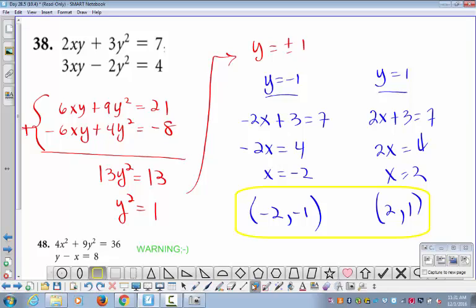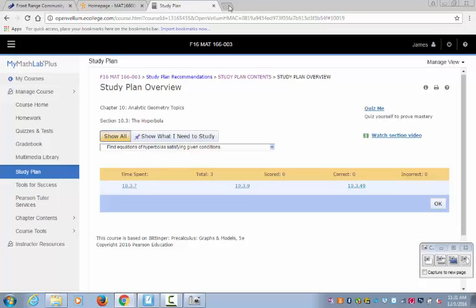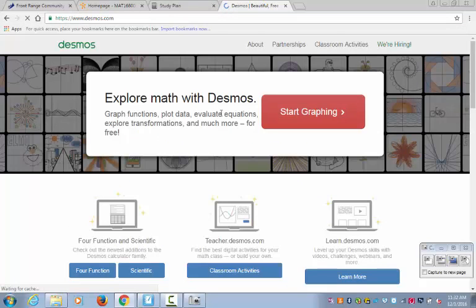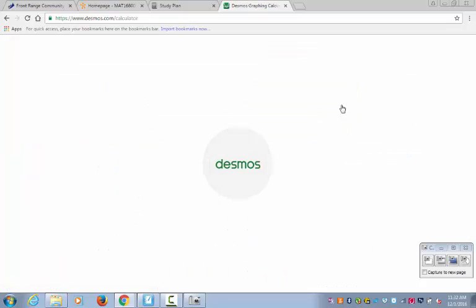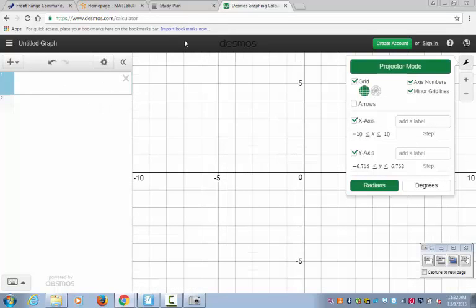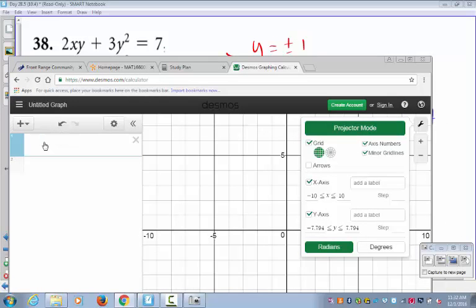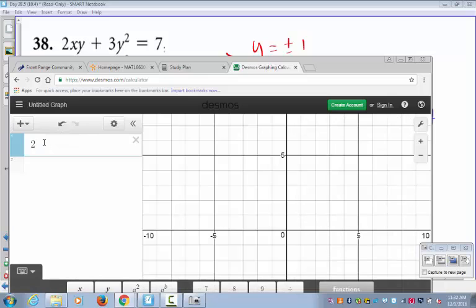Anyone have a guess for what those conics might be? Anyone want to guess? Right. You say parabolas. Let's find out. This could be interesting. 2xy.